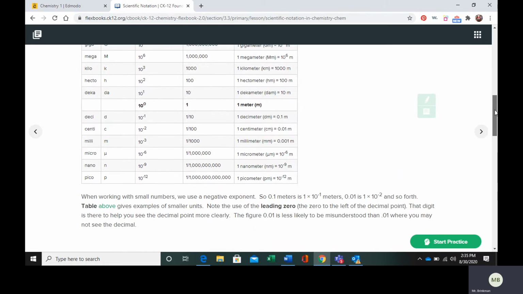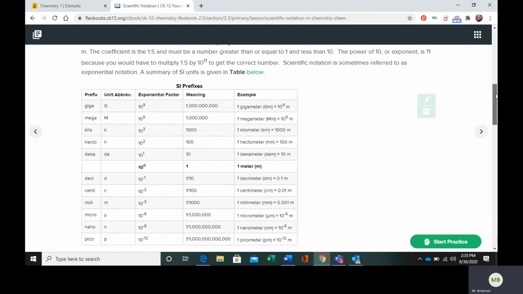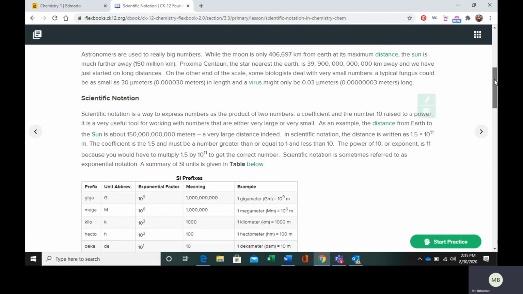So on the other side, when we're working with small numbers, we use a negative exponent. So with a positive exponent, whatever your exponent is, that is how many times you move your decimal place to the right.